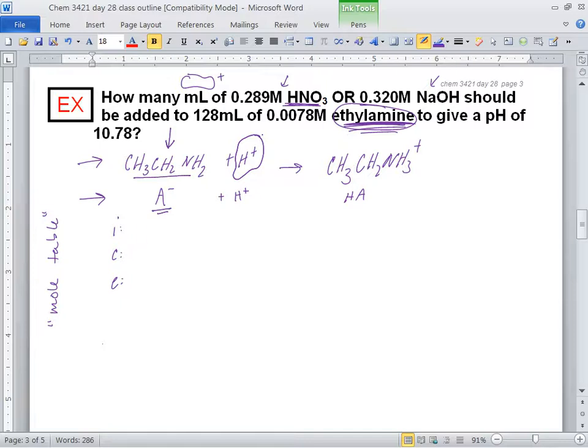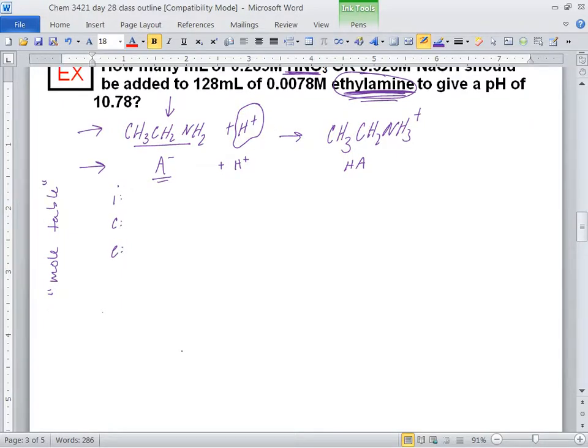So we can keep track of these things and figure out here's our conjugate base, here's our conjugate acid, and it's nice because it's in moles. We can plug it right into our Henderson-Hasselbalch equation. Remember that equation? pH equals pKa plus the log of the moles of the conjugate base over the moles of the conjugate acid.